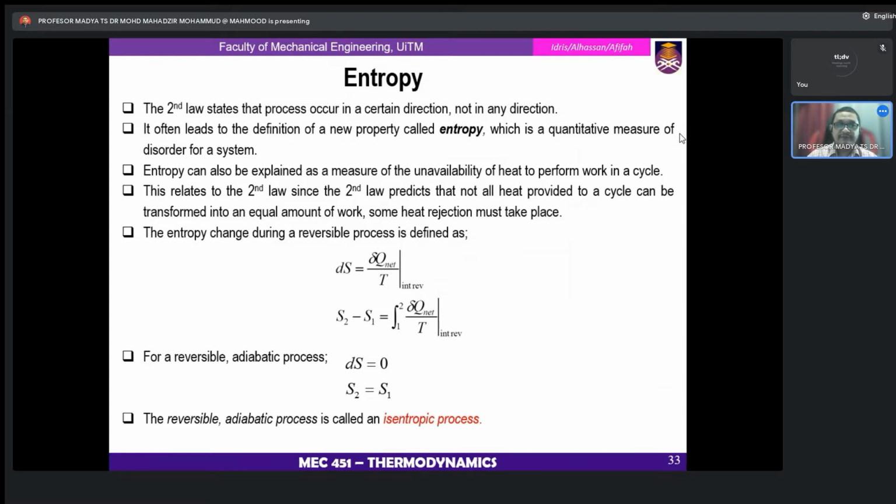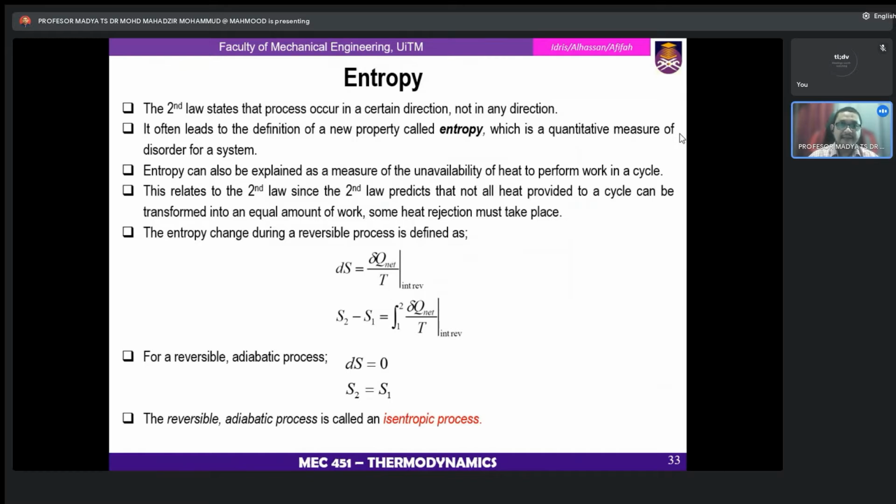It often leads to the definition of a new property called entropy. So entropy is a quantitative measure of disorder for a system. So we can express this entropy as a measure of the unavailability of heat to perform work in a cycle.